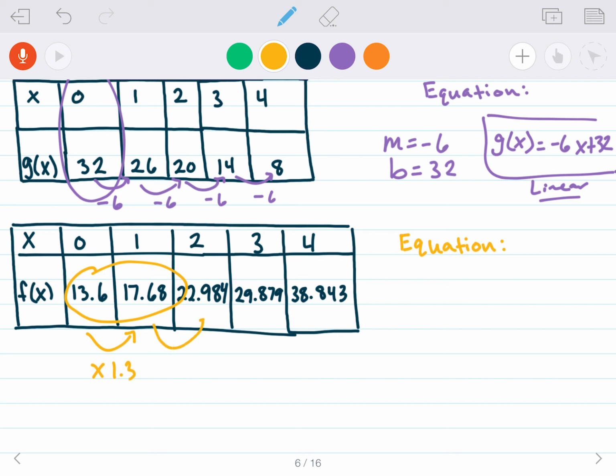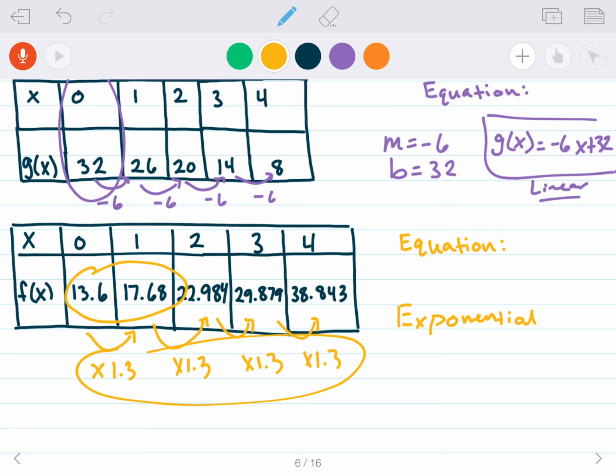From here to here, again, I take the ratio: 22.984 divided by 17.68. Let's see what I get. I'm getting 1.3 again. So this is, again, times 1.3 to get to the next term. And you guys can check the other ones. This is times 1.3. This is times 1.3. So since we have a constant multiplier, this is going to be exponential.